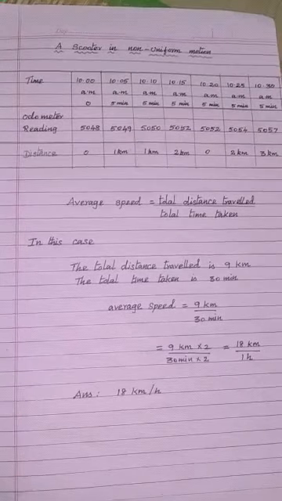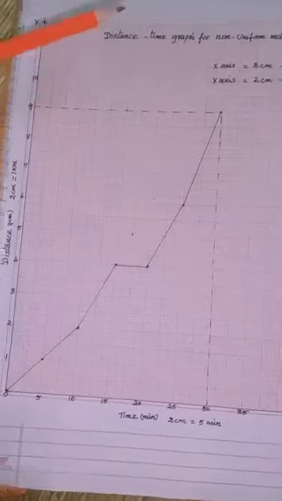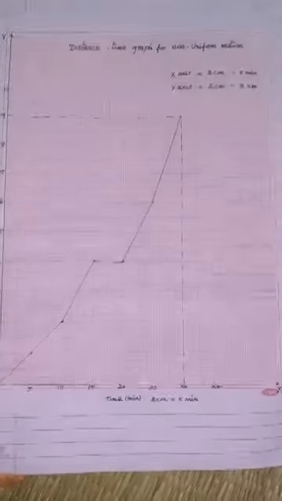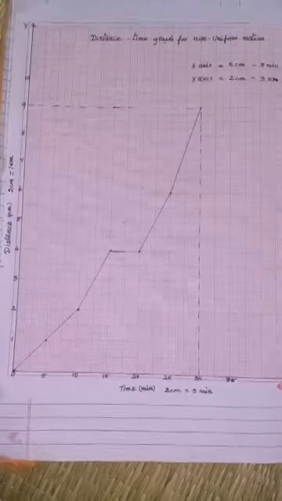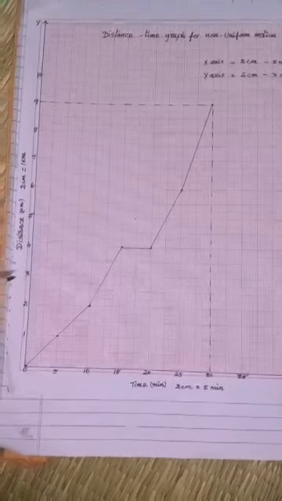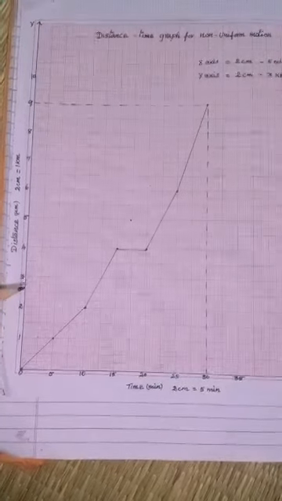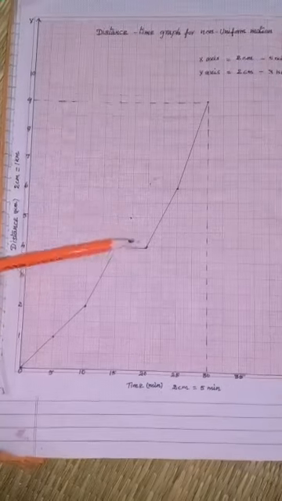Plot the graph for the values in table. What kind of graph do you obtain? Here, the graph for non-uniform motion is not a straight line.